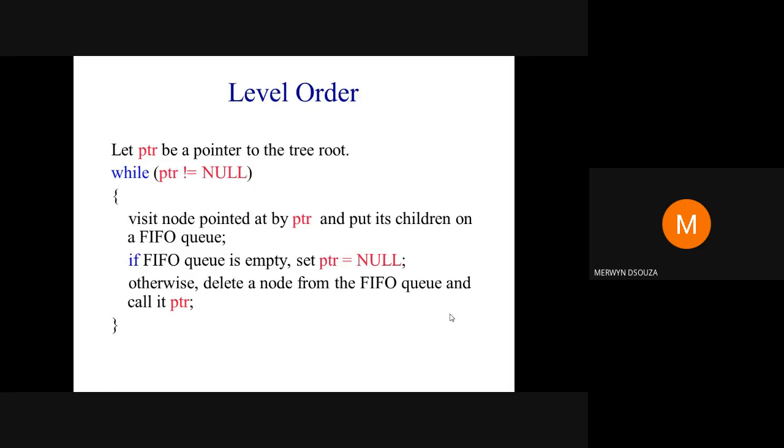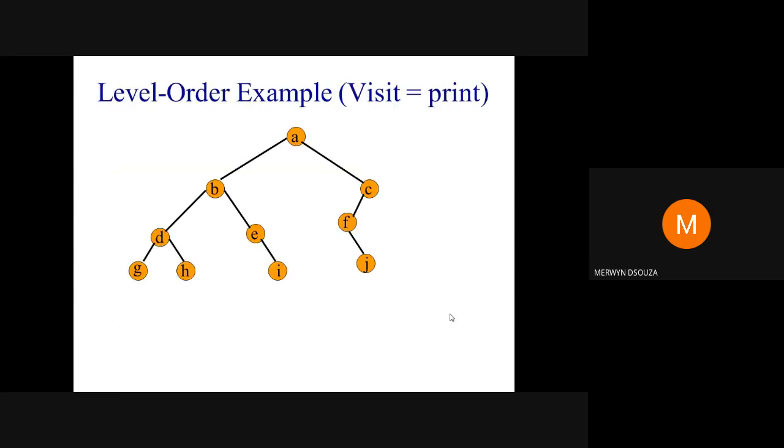Level order, which is the fourth type of traversal method. Level order means it's very simple actually. You start from the topmost node, visit it, put it in the output. Go to the next level, start from the left hand side. Visit this one, put it in the output.